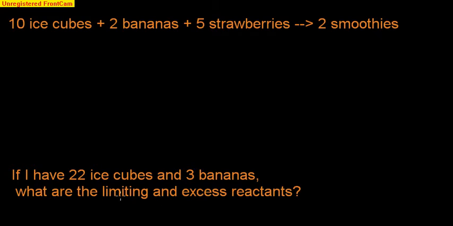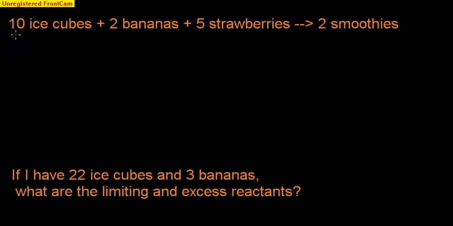So the first thing that we need to do, in order to figure out what the limiting and excess reactants are, is to get a ratio from our recipe. Later on, our recipe is going to be the chemical reaction. So we know we're looking at ice cubes and we're looking at bananas.